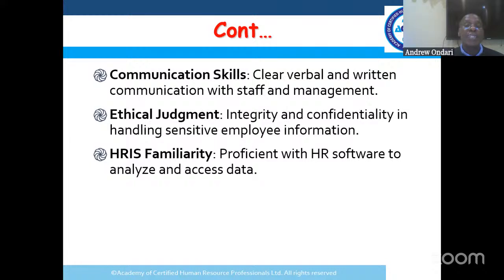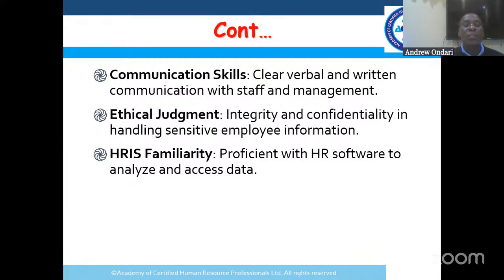So if there is anything that HR managers identify through HR audits, there is a possibility that some people may want to corrupt the minds and even the reports that are written through this audit. So ethical judgments are important in the sense that they help to keep the professionalism in the process. They also help to ensure that there is accurate reporting, and also that there is legal compliance with all the aspects that we have mentioned.